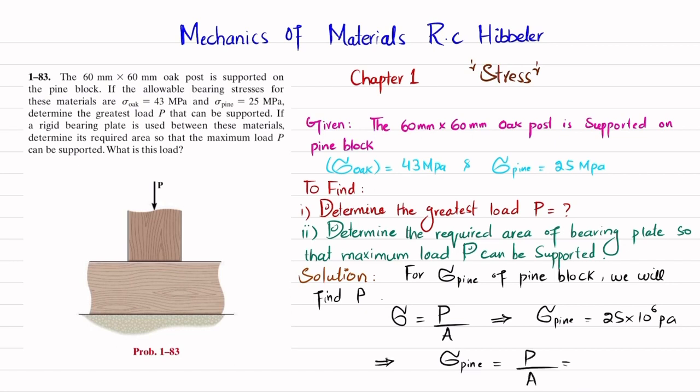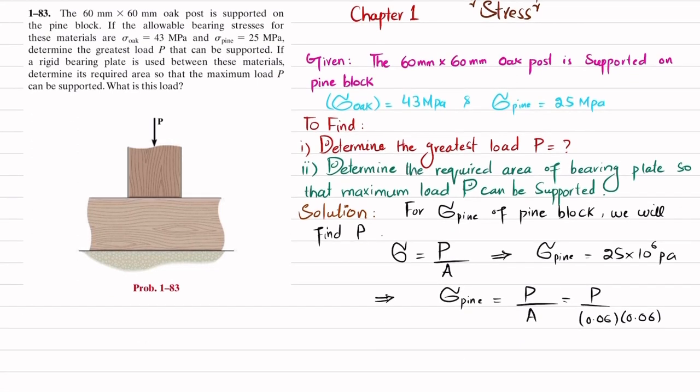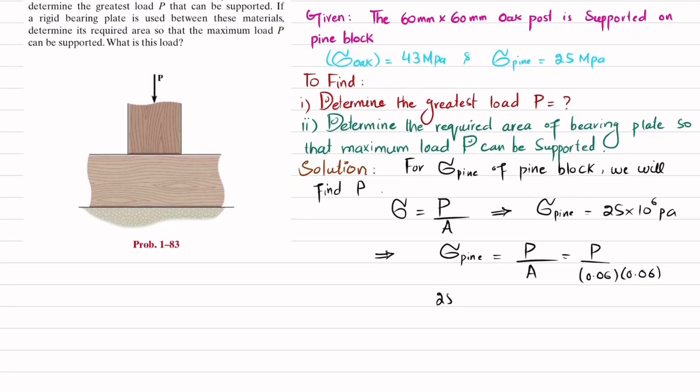The load is not available, and it is mentioned that this is 60 by 60 millimeter. So this is 60 and this width is also 60. This will be the bearing area. In meters it will be 0.06 multiplied by 0.06, and the allowable bearing stress is 25 megapascal. So 25 into 10 to the power 6 is equal to P divided by 0.06 multiplied by 0.06.